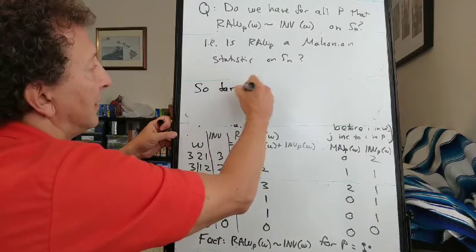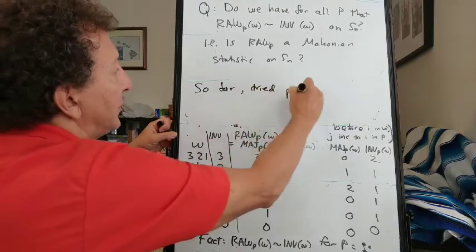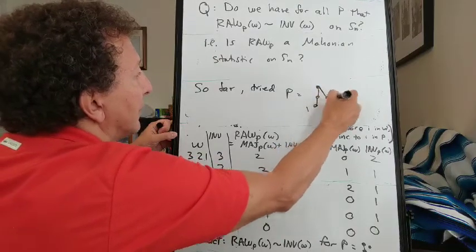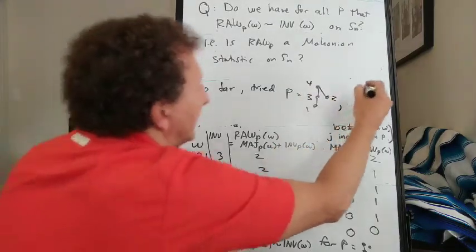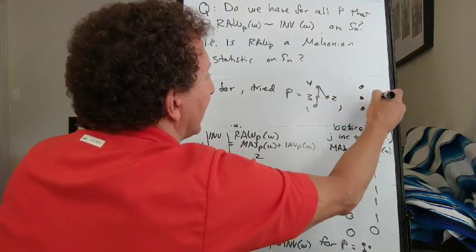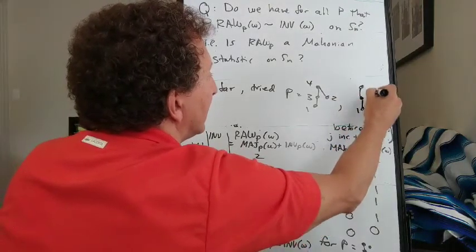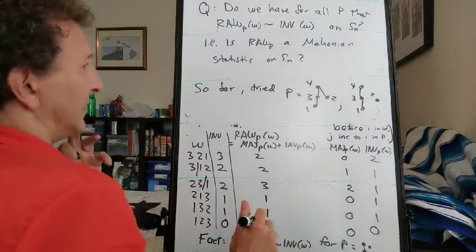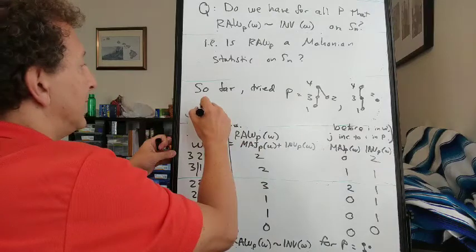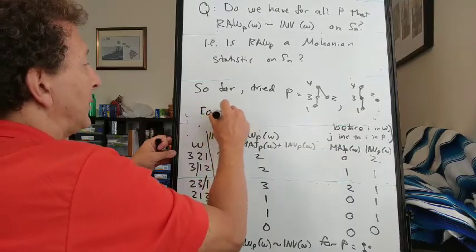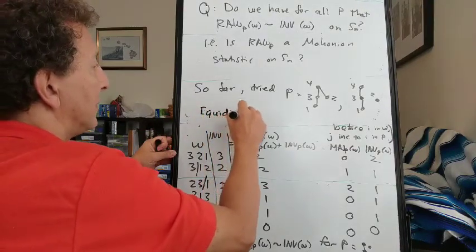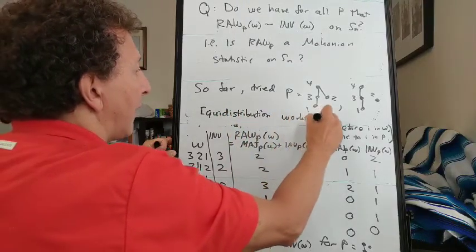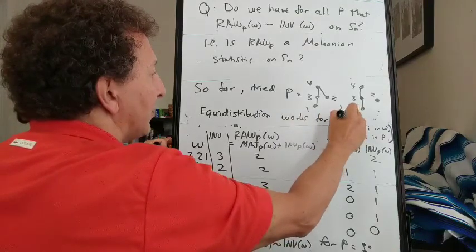So far, I've tried p equal to this poset, and this poset 3 plus 1. And the equidistribution worked both times. So it works for both of these posets.